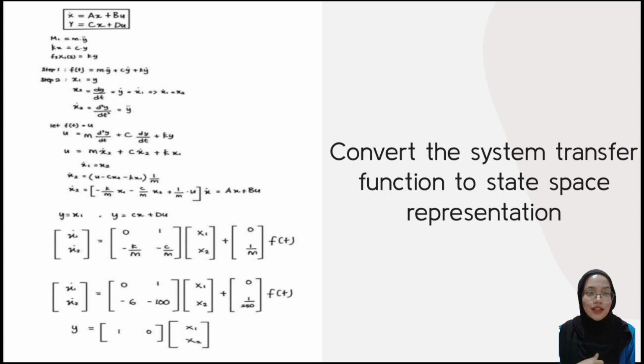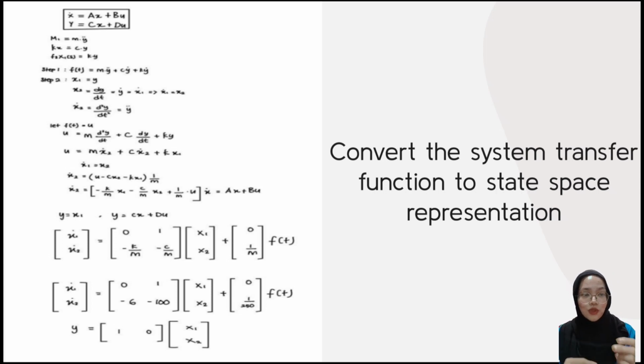Alright, to get from the system transfer function to state space representation, we need to know x dot equal to Ax plus Bu, y equal to Cx plus Du. So from that, we rearrange the equation. We rearrange that formula.